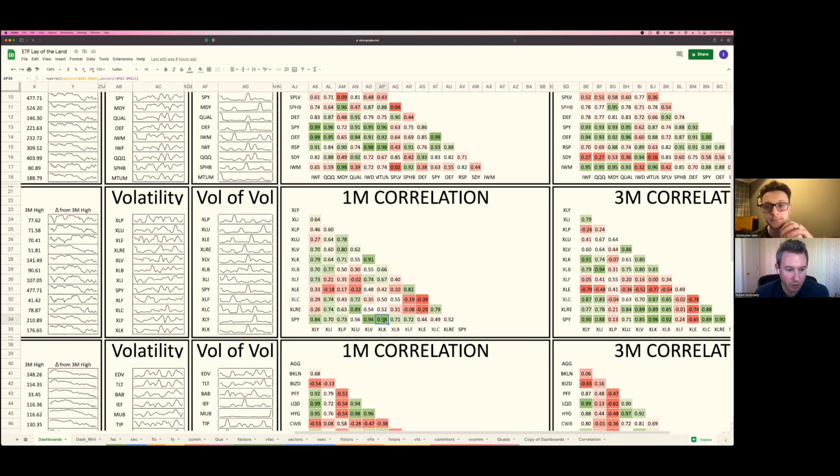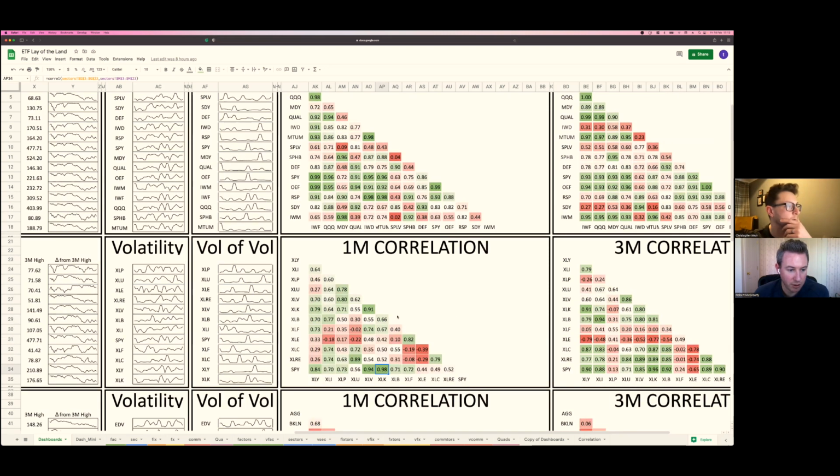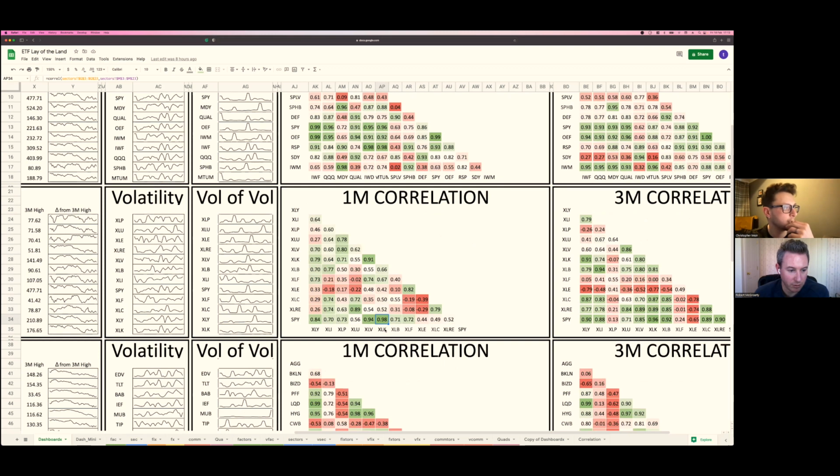Correct. XLK is basically 98%, over 90%. So if the SPY goes down, it will likely go down; if it goes up, it goes up. Got it. I put that in because the reason I made this was to understand the quads better. That makes perfect sense.